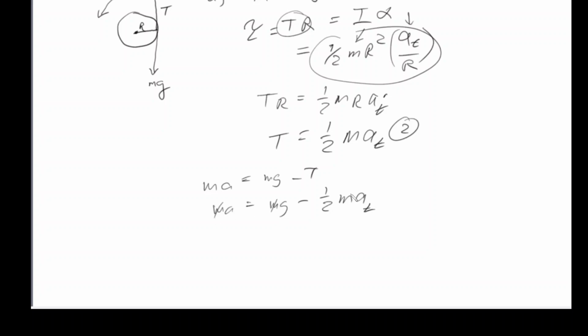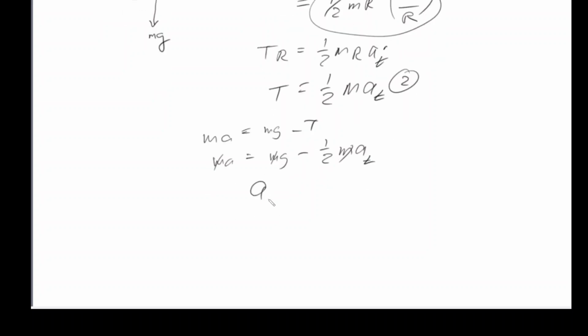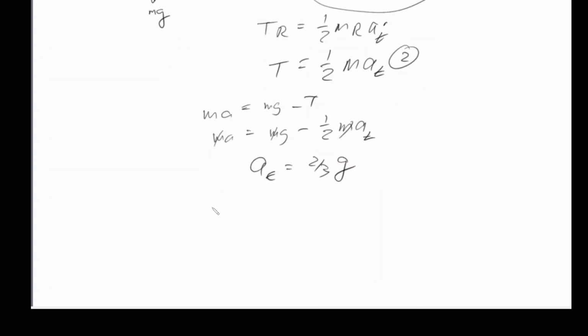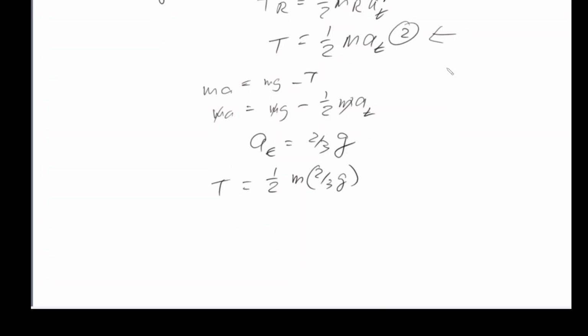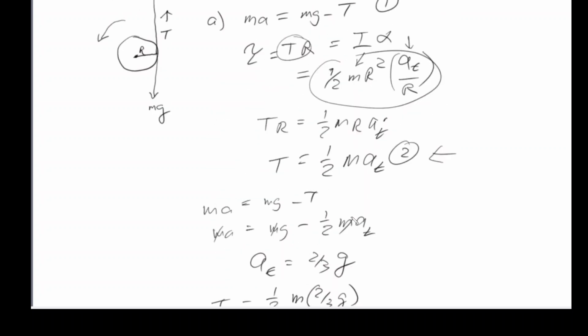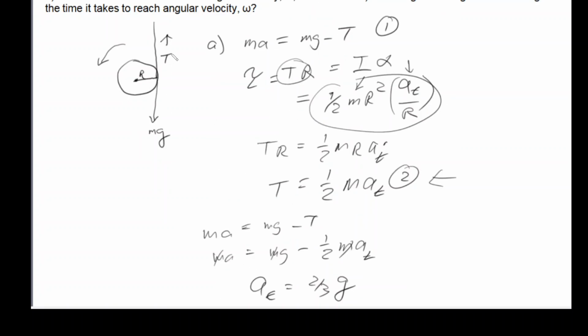These cancel out, and what we end up with is a tangential is equal to 2/3 g. And if we put that back into equation 2, we get T is equal to 1/2 m times 2/3 g. From there, T ends up being 1/3 mg. That's the tension in the string as you're pulling it up.